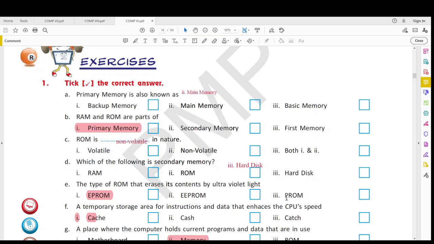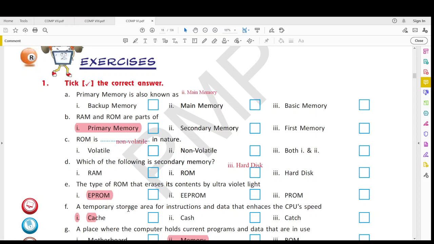But we don't know whether it is erasable or not. So if it is erasable, the contents can be erased, then it is EPROM, erasable programmable read-only memory. Okay, I hope you understand erasable programmable read-only memory. So that is EPROM.